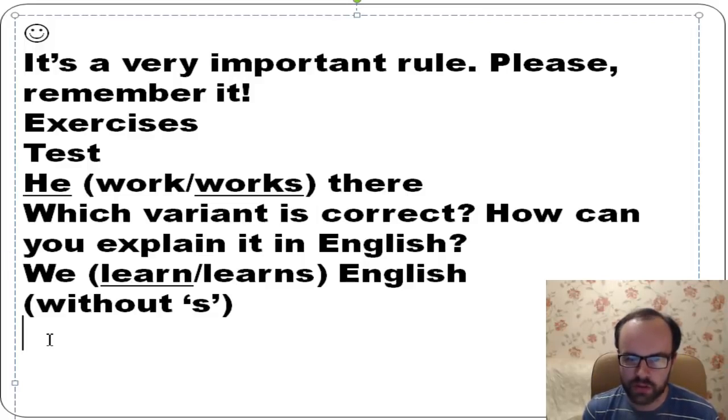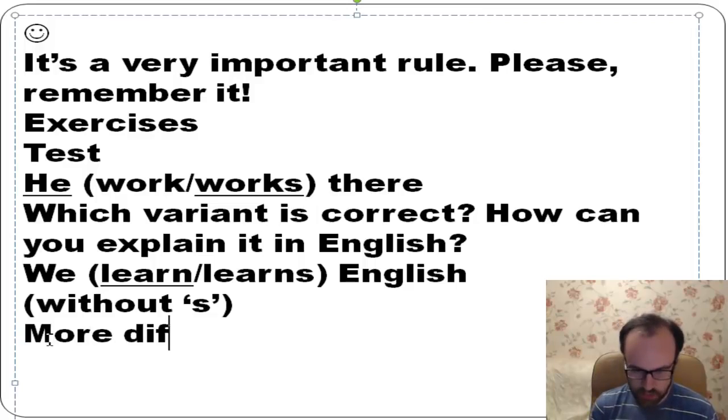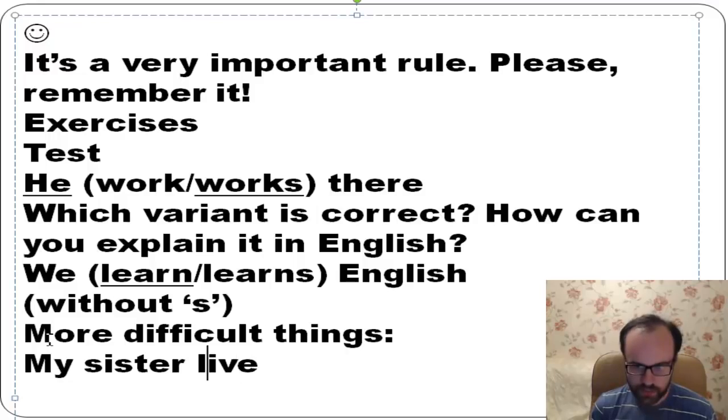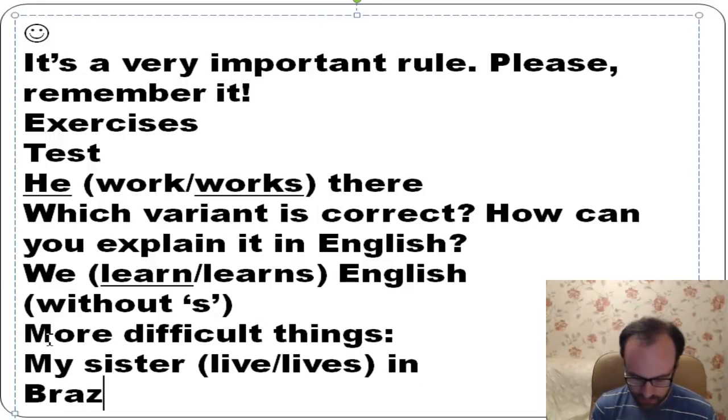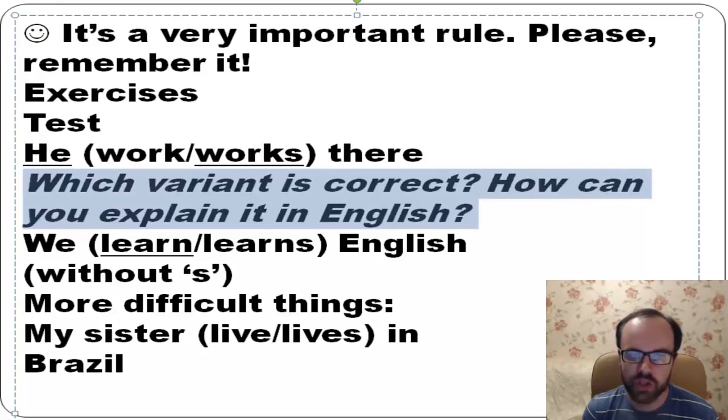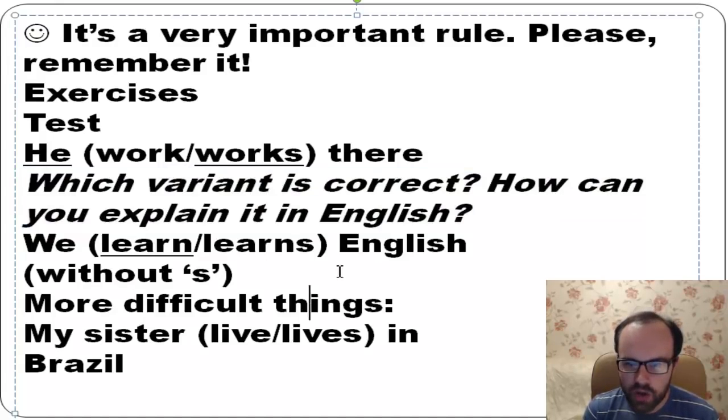Okay, more difficult things. My sister live or my sister lives in Brazil. Which variant is correct? How can you explain it in English?